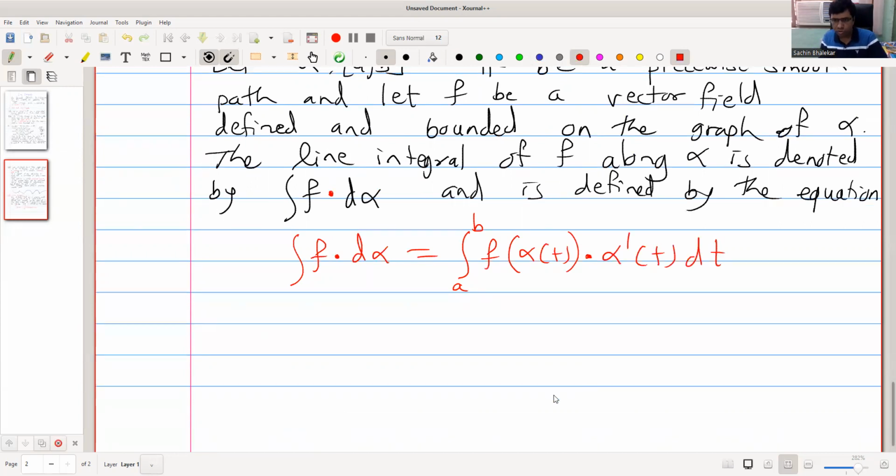Note that the integral on the right hand side is the usual integral of a function defined on the interval [a, b]. F of alpha of t is in the domain of F. F is from Rn to Rn, it is a vector field, so F of alpha of t is a vector, taken in dot product with alpha dash of t. Alpha dash of t is the component wise derivative.